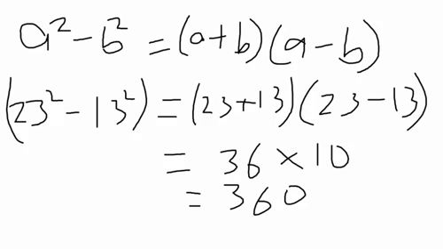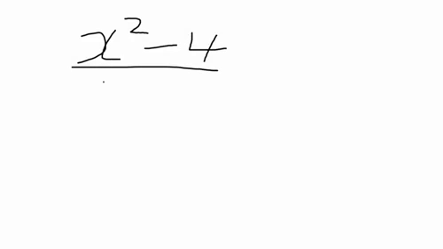So that will be all for this video. You can always apply this to some other questions. Like you may have something like x squared minus 4 divided by x plus 2.